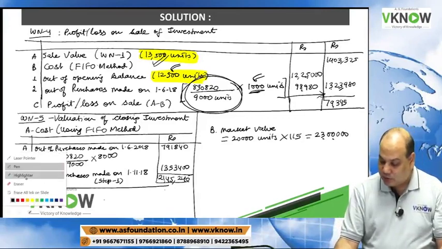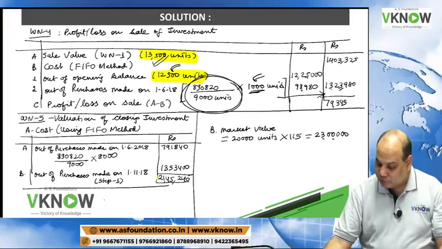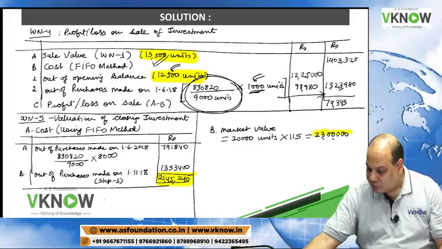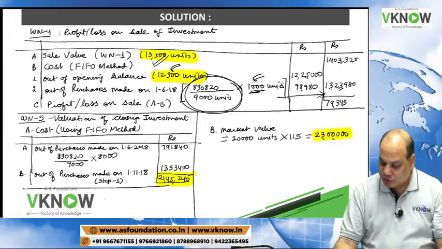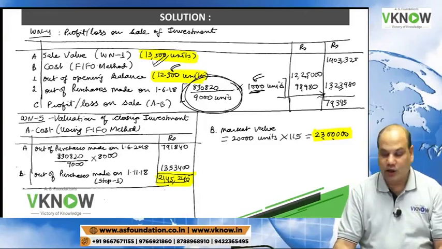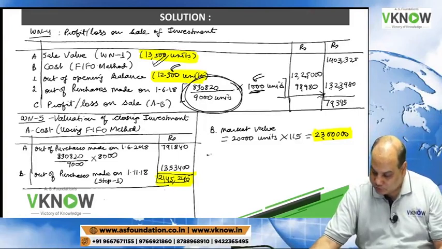Now we will apply AS-13. This is cost, 2145240. This is market value. AS-13 says investment will be valued at cost or market value, whichever is lower.